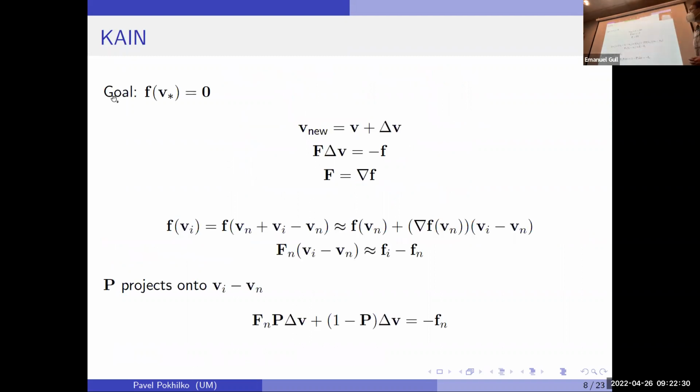The goal in Kane is to find the root of the vector equation, and the new vector is interpreted as the current position of the vector plus a step, and the step is found from just the Newton method. Of course, in practice, when we don't know the exact Hessian, we may want to approximate it, and in the subspace methods, there are ways to do that.